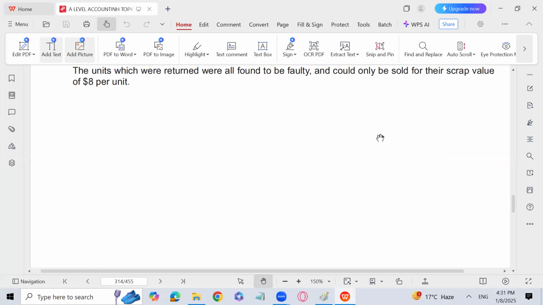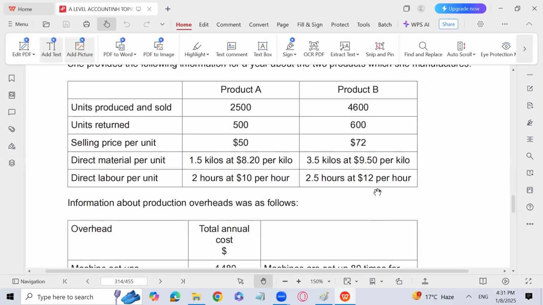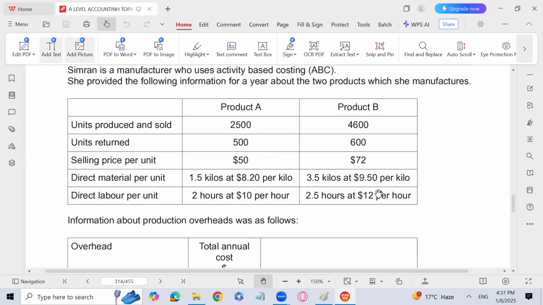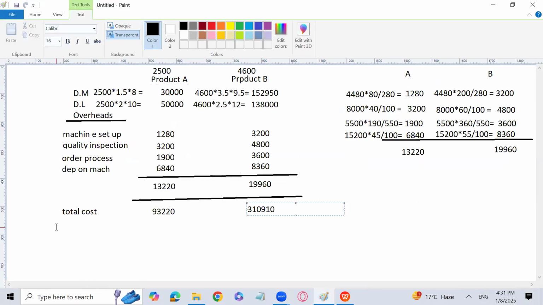Next, he's saying the selling price, because we are supposed to find the profit actually. The question has basically demanded us to find the total profit. So selling price is 50 and 72. Let's calculate the sales with two different amounts. Sales for this particular product is 2,000 multiplied by 50. And for the goods returned, which are 500, the sale figure is going to be $8.